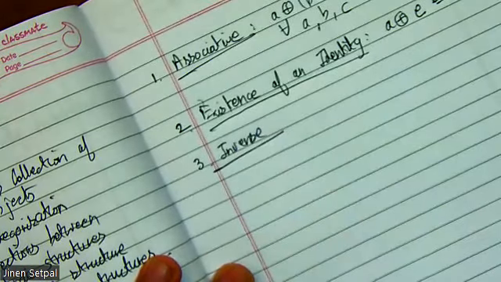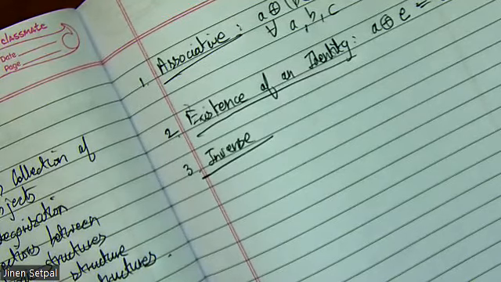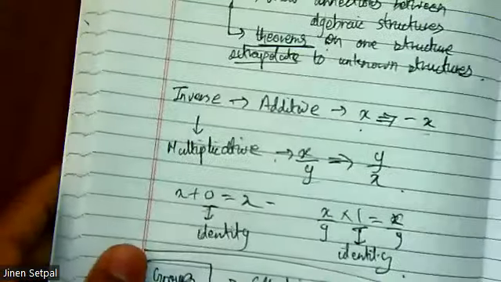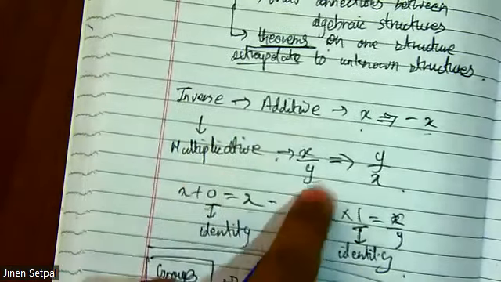What I mean by an inverse is, again, something we discussed before: we have our additive inverse over here and our multiplicative inverse over here.